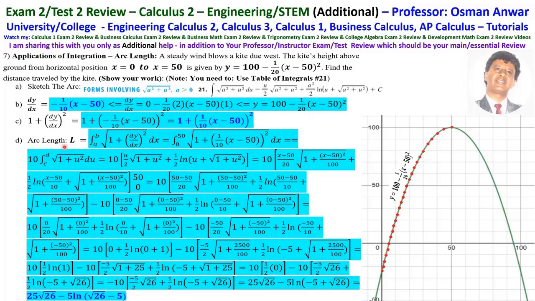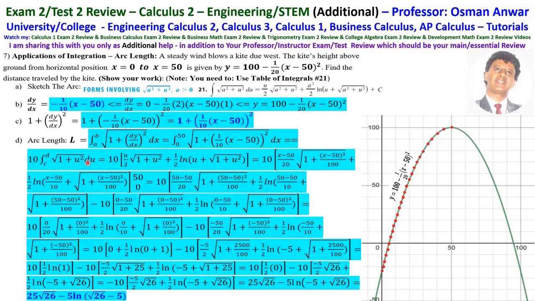Then the arc length formula is L equals the integral from a to b of square root of 1 plus (dy by dx) squared dx, which is equal to the integral from 0 to 50 of square root of 1 plus (1 over 10 times (x minus 50)) squared dx. So now we're going to call (x minus 50) over 10 u. Then du is dx over 10, which means dx is 10 du.